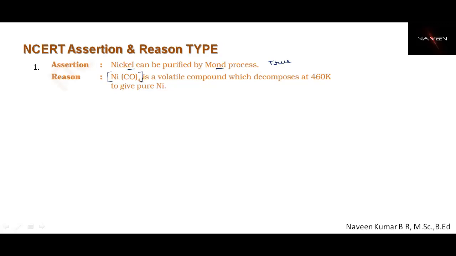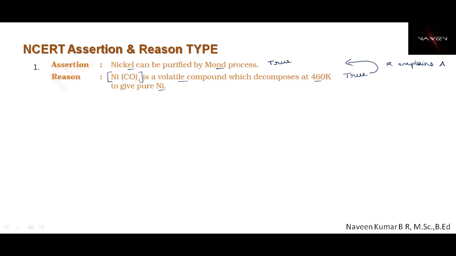So when nickel is treated with carbon monoxide, it forms a volatile complex tetracarbonyl nickel. So whatever this volatile compound, it will decompose at 460 Kelvin to give pure nickel. So that volatile complex upon heating to a higher temperature will decompose to give nickel back. Again, reason statement is true. As a reason explains the assertion is what we need to analyze. Now, reason is explaining assertion. So that is R explains A.